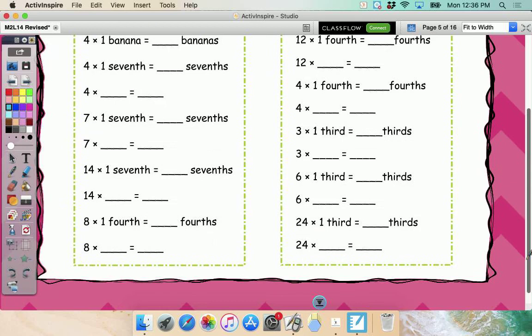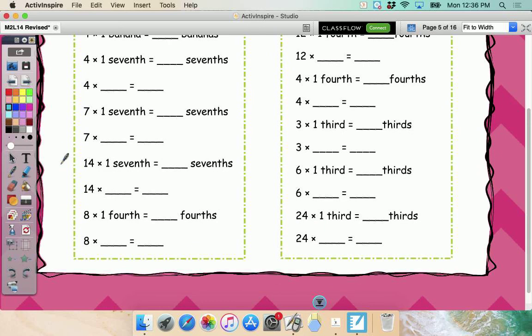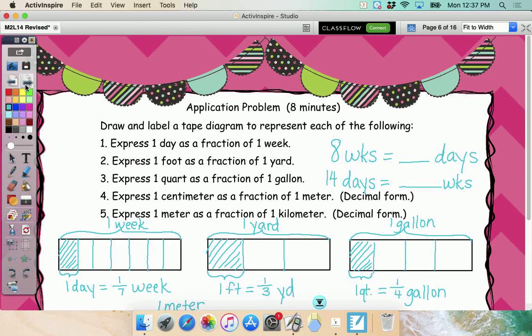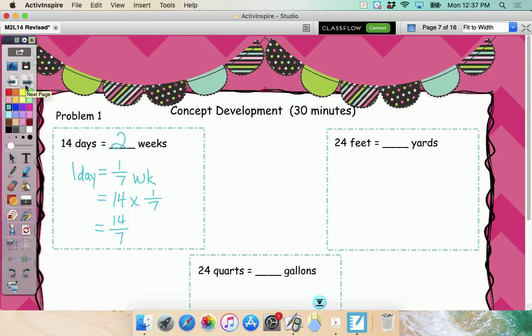And this page right here, look at this problem. 14 times 1/7 equals 14/7. What did not change? The 7th. The denominator does not change, okay? You're literally doing the same problem as on the first page. Exactly. Okay, so now my answer to this is what?